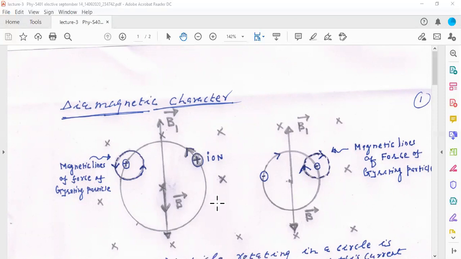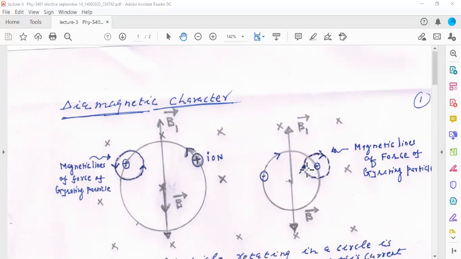So you can see in this figure, you have a ring of current because of the electron, as well as a ring of current because of the ion. Now, this ring of current is producing an additional magnetic field.